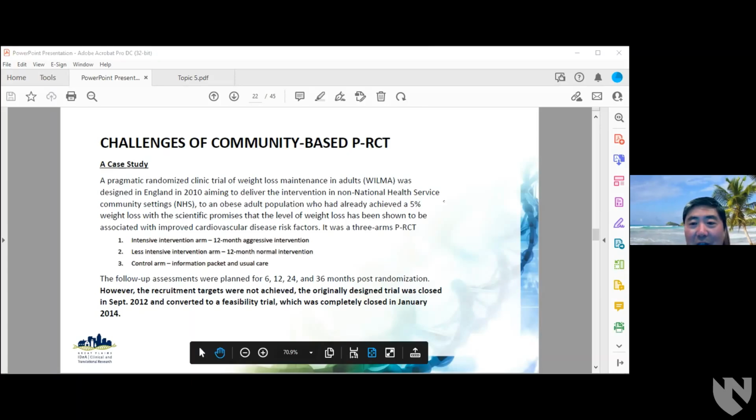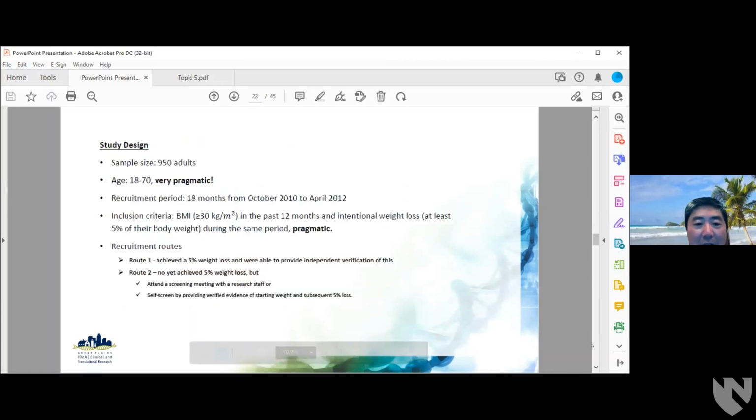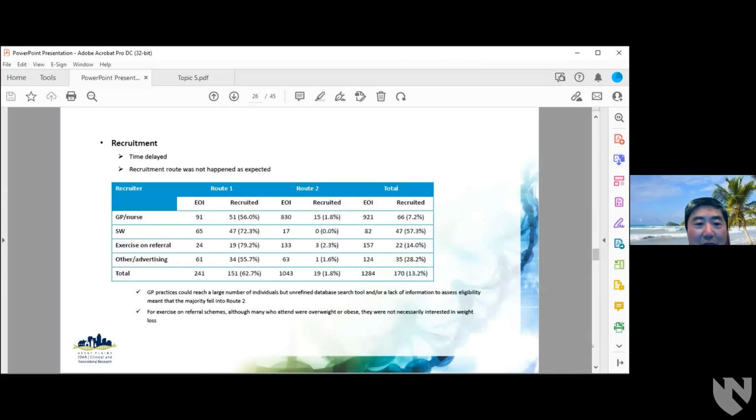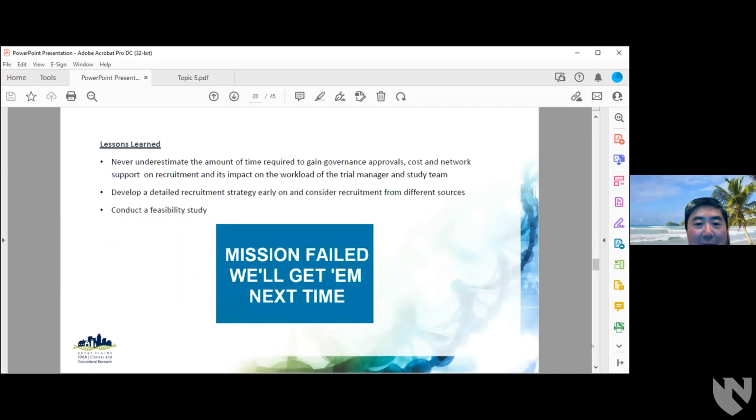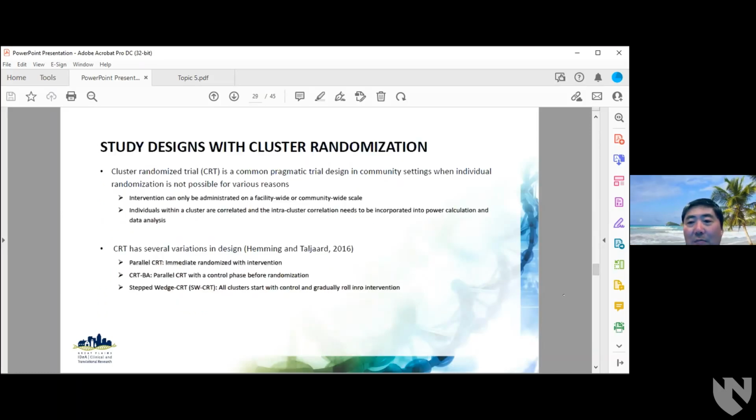Let me just talk about the trial I've been working with. I want to focus a little bit more on cluster randomization because this is a typical PRCT.